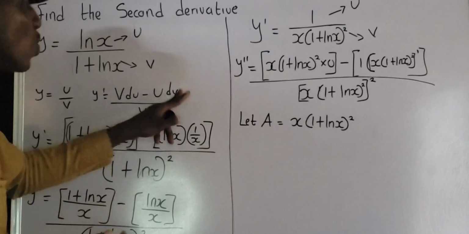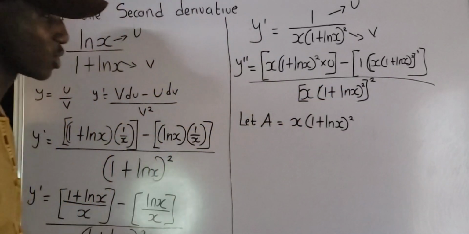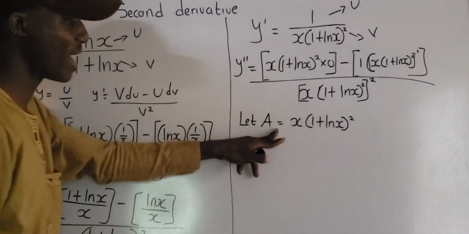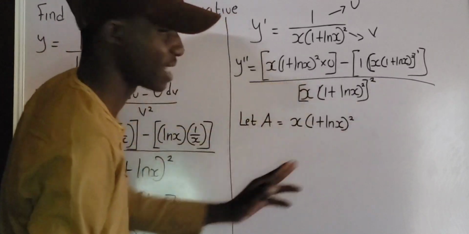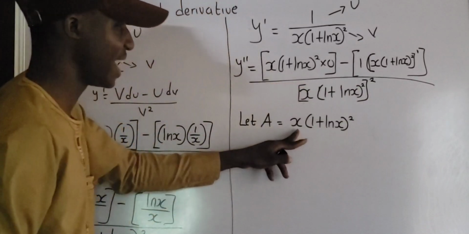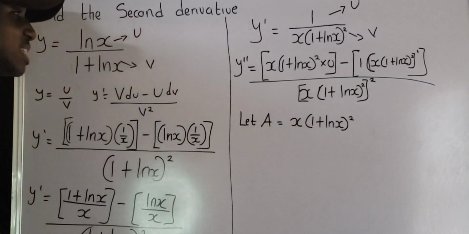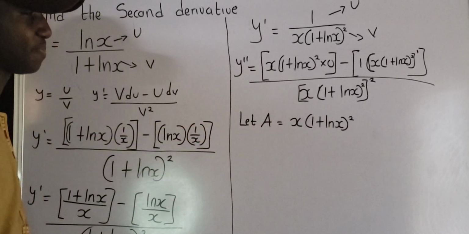So I want to take the derivative of what is inside this bracket right now. So I want you to pay attention. That is the reason why I isolate what is inside this bracket. I set A equal to what is inside this bracket, that is x into bracket 1 plus ln x raised to the power of 2. Now, let us take the derivative of this.